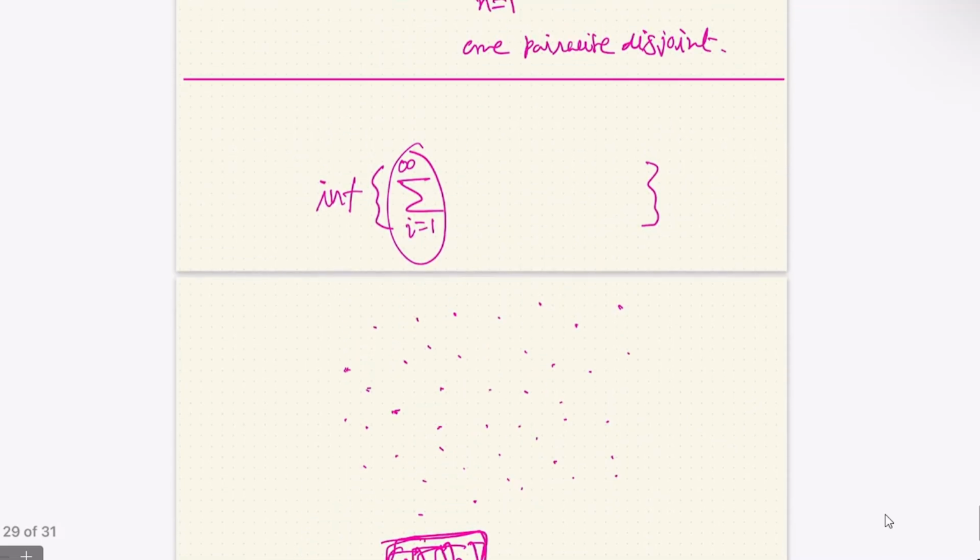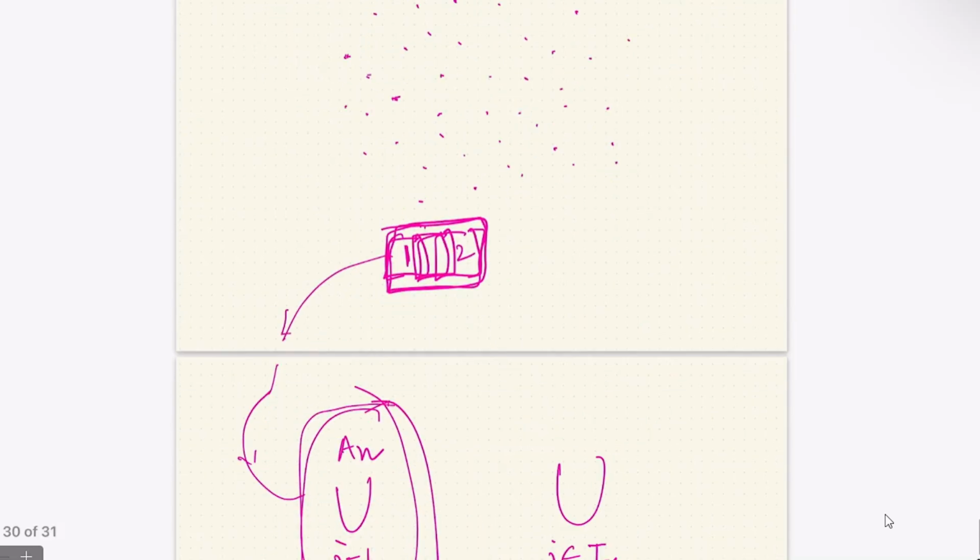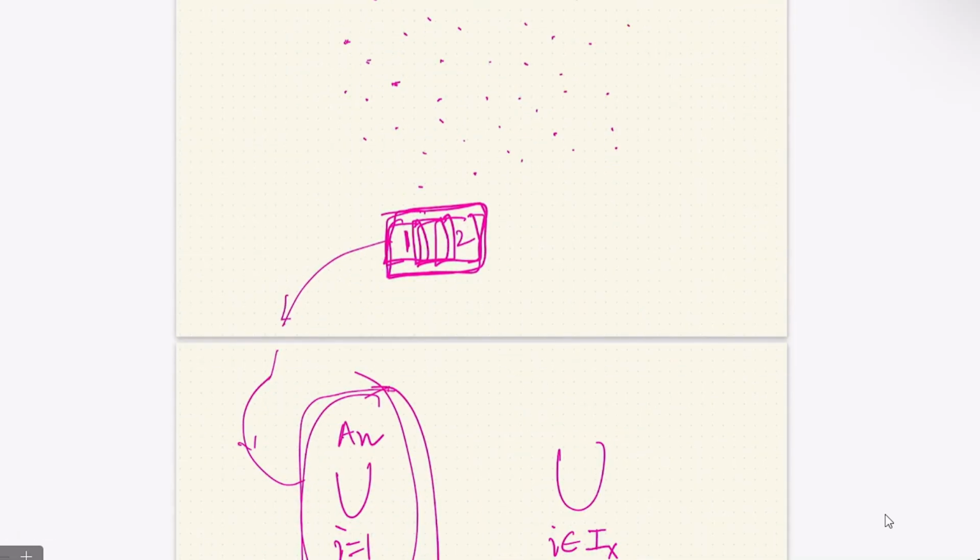So you ask yourself the question in several ways, like the contrapositive way. Why? If it is not countable, then how can we define a measure on some sets?